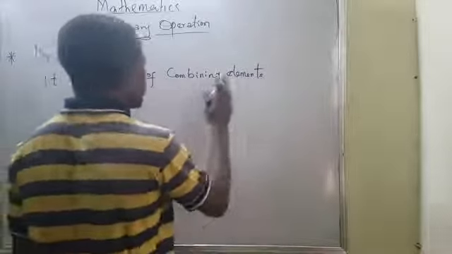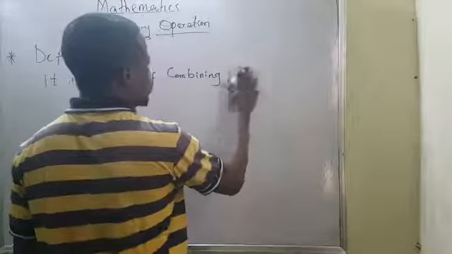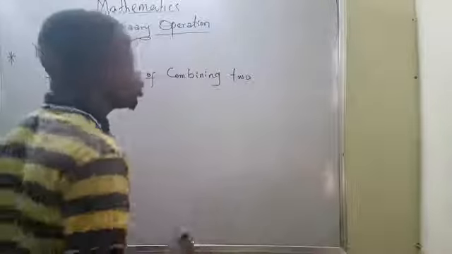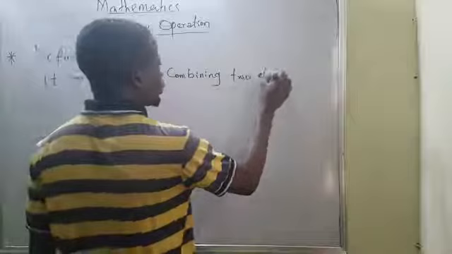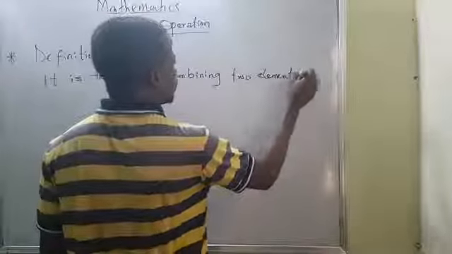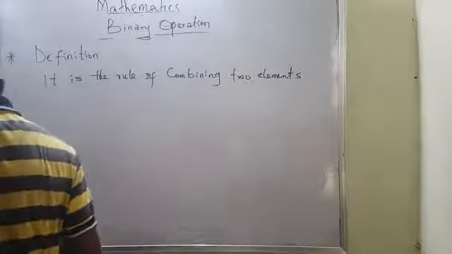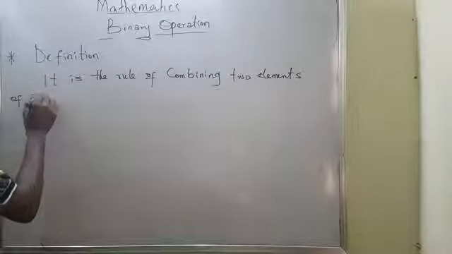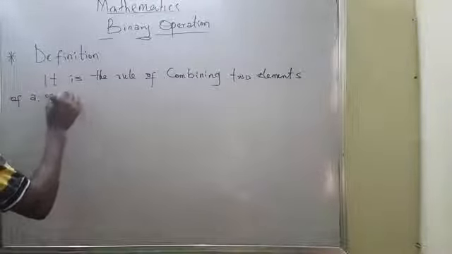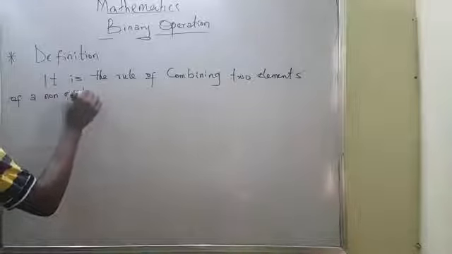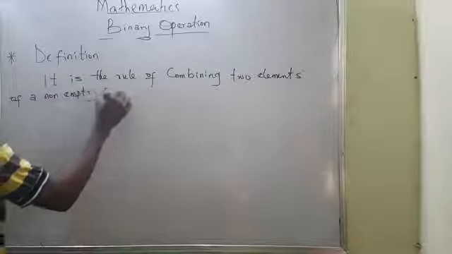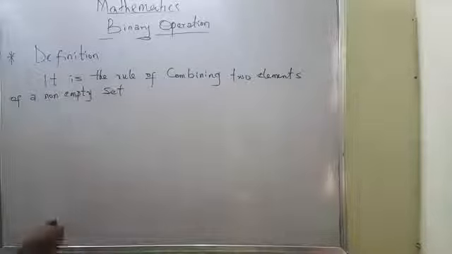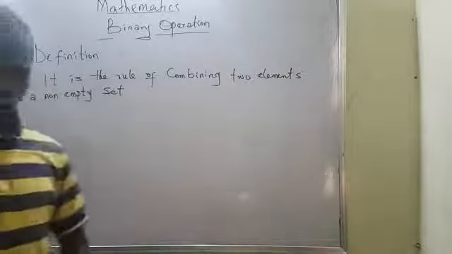I can say the rule of combining two elements. Let me use two because of the level I'm expecting to be watching the video. Two elements of a non-empty set.